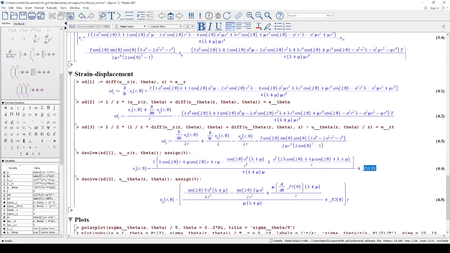And these constant terms F1 and F2 theta are related to the rigid body motion, or you can actually find them using your initial condition for the displacement.